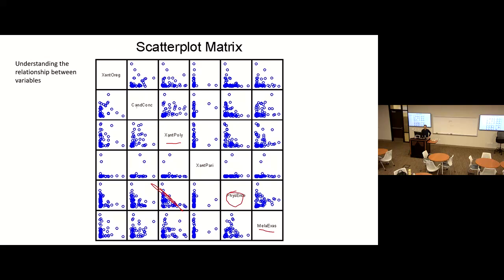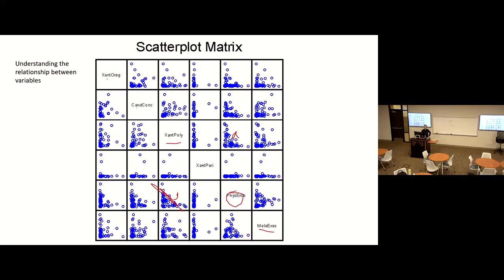And this scatter plot matrix should be symmetric. This should be the same as this. Some relationships may be positive. So this allows you to have a very quick visualization between multiple variables and see whether their relationship is positively or negatively related.